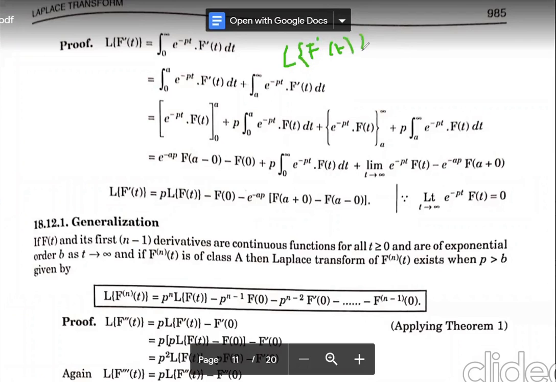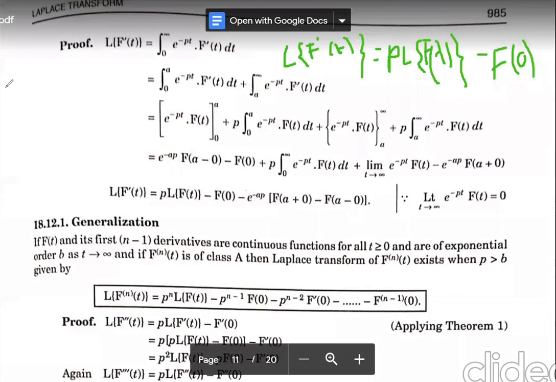The Laplace transform of f dash t is nothing but p into the Laplace transform of f of t minus f of 0. This is the Laplace transform of the first order derivative.